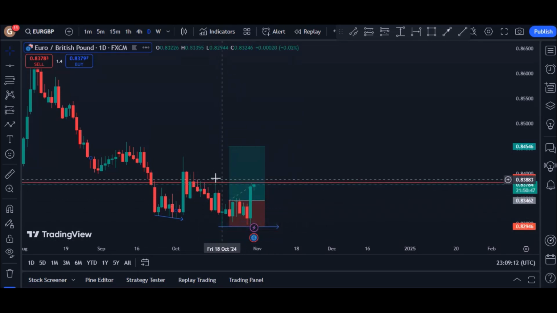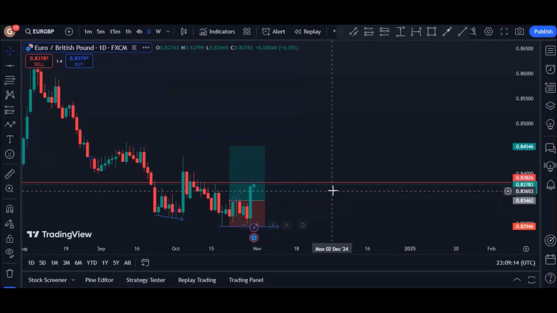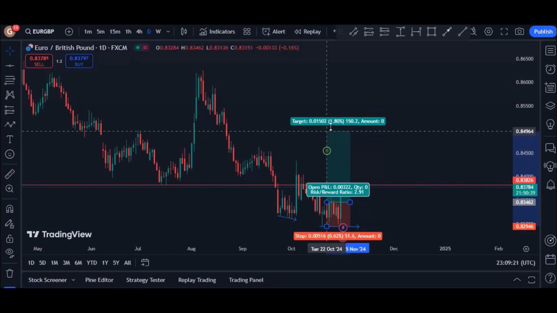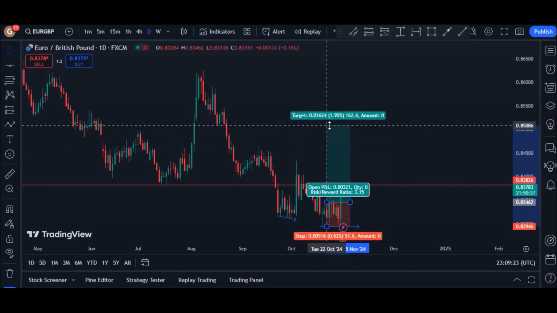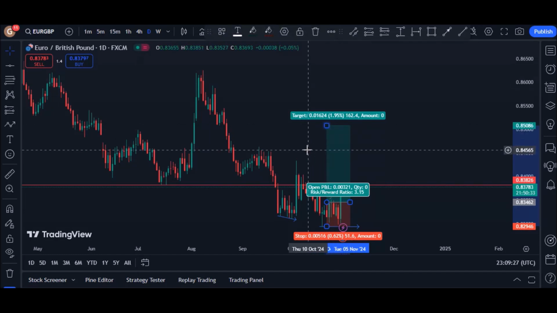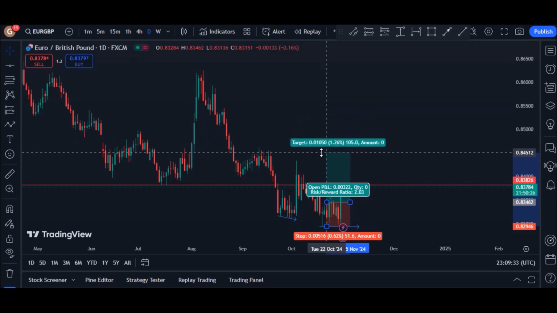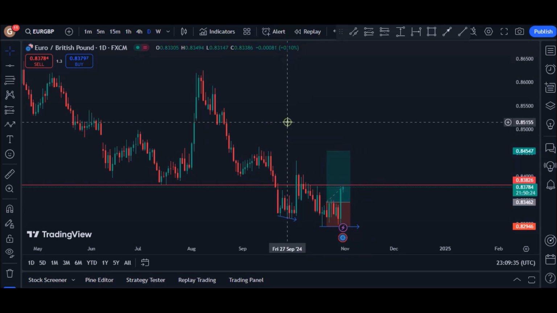It's a very bullish engulfing candle, a typical one, and I'm expecting price to move to this level, but I'll still take most of my profit at 1:2 risk to reward, and then just let the remaining run.